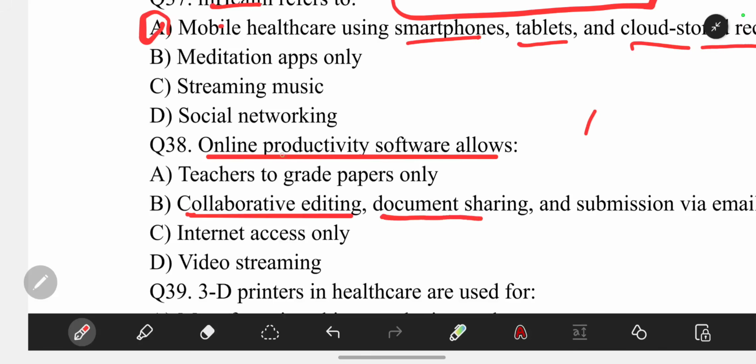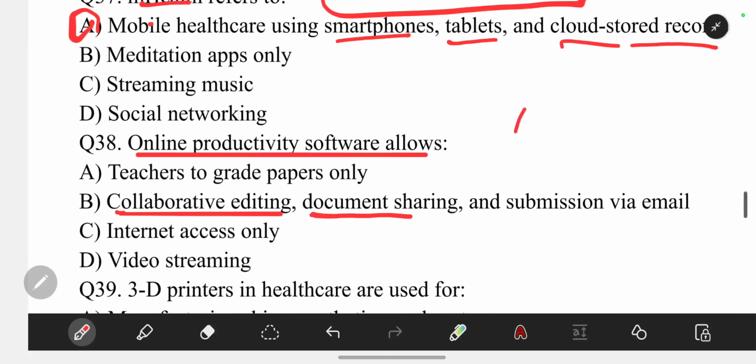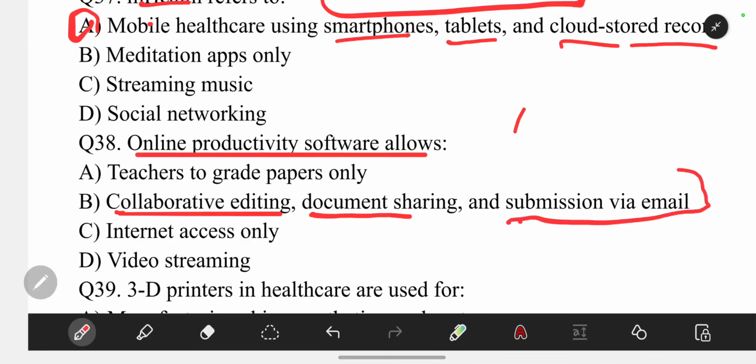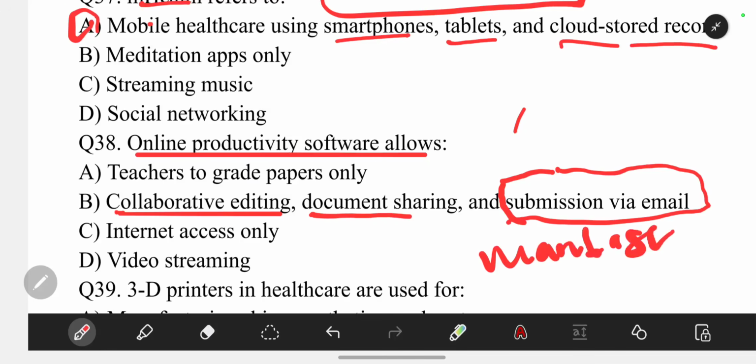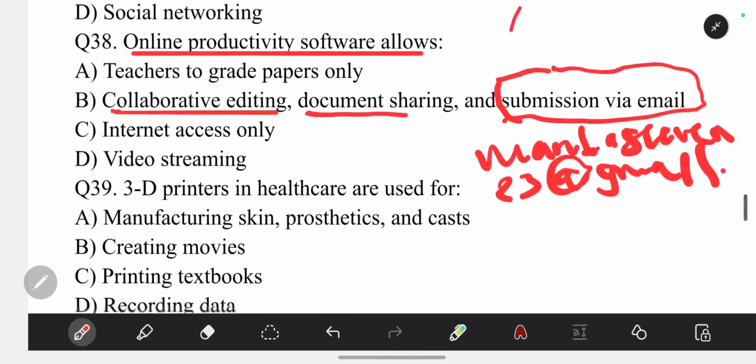Through these online productivity software, you are able to share information or data with one another. And also submission via email, which is electronic mail, which shows as your Gmail, like for example, Manda Steven 23 at gmail.com. So it is sent via the email like that.